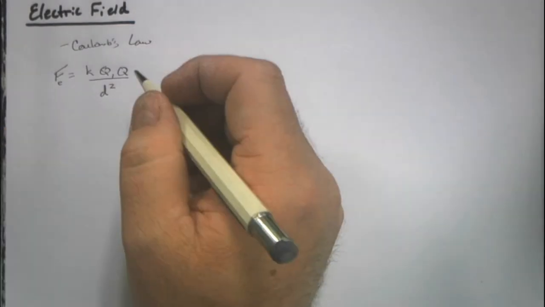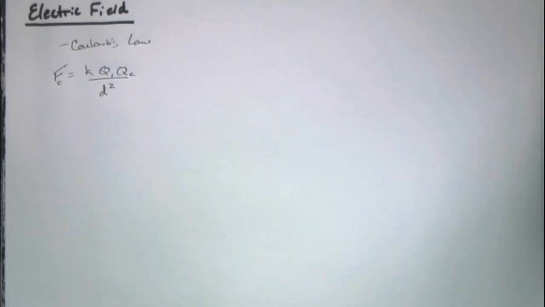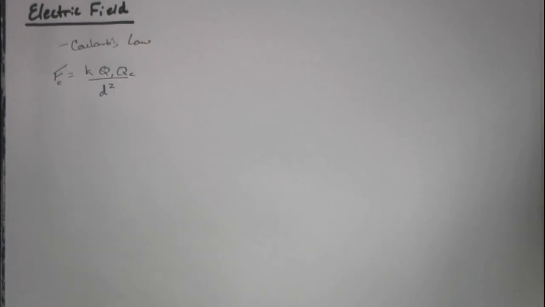However, a lot of times you have a single object that has an electric charge on it, and you want to see what its effect is like in the area around it, and that area around it is called the electric field.